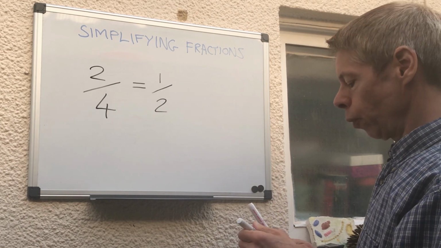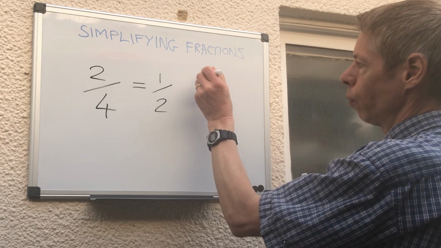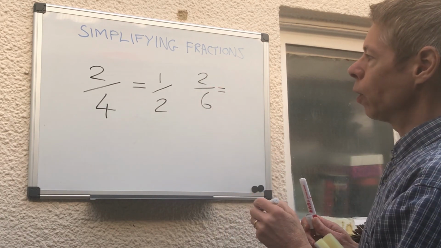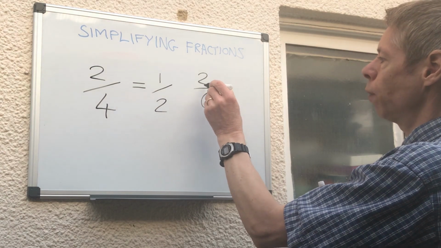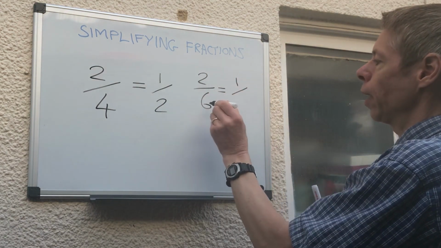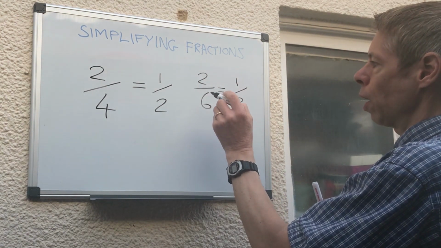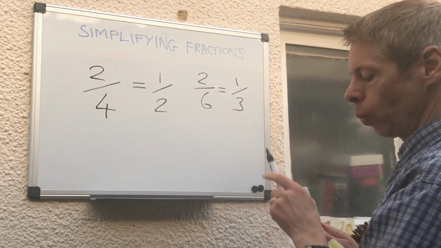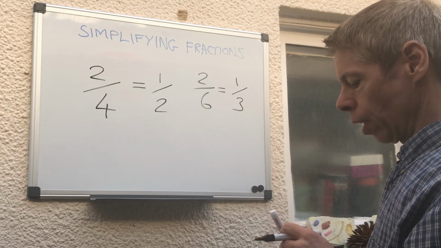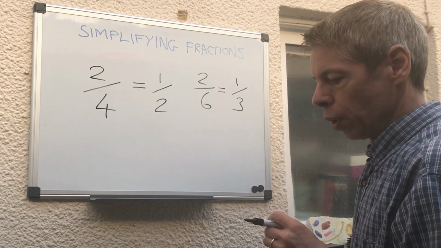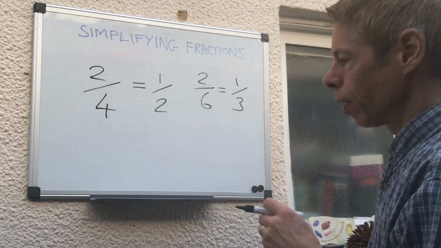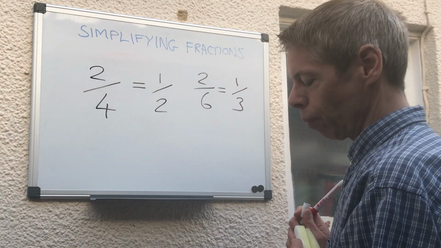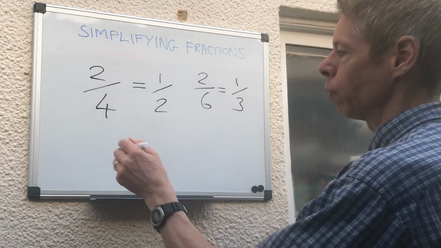A similar one, we look at 2/6. Again, we're going to halve the top number, half of 2 is 1, and then half of 6 is 3. So if we simplify 2/4, we get a half, simplify 2/6, we get a third. Okay, let's do a couple more, and as usual, at the end, we're going to give you a few examples to try for yourself.